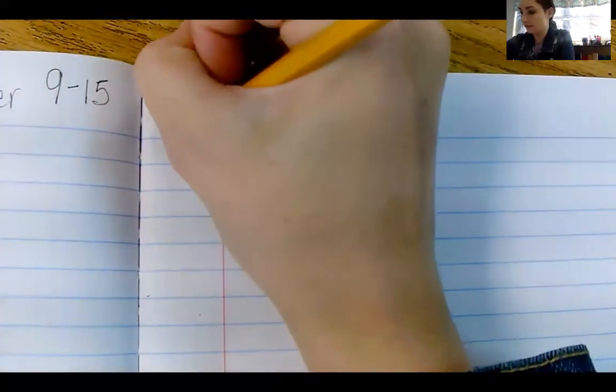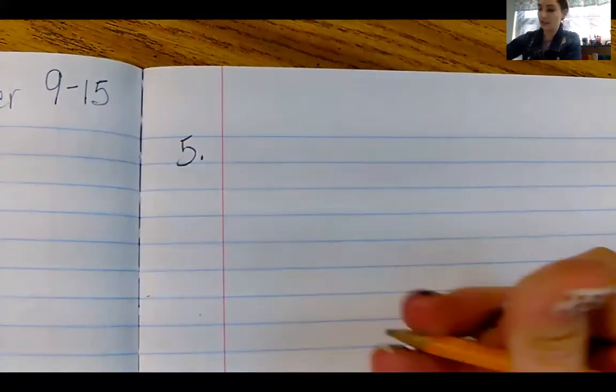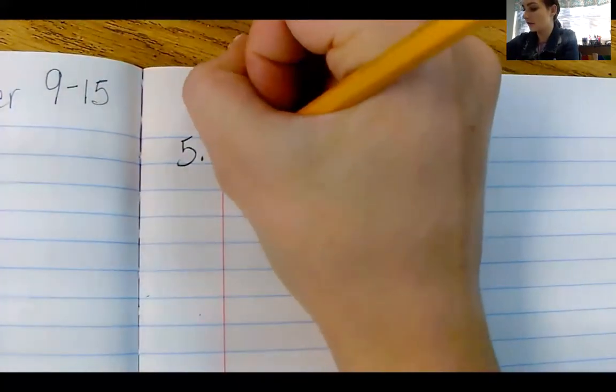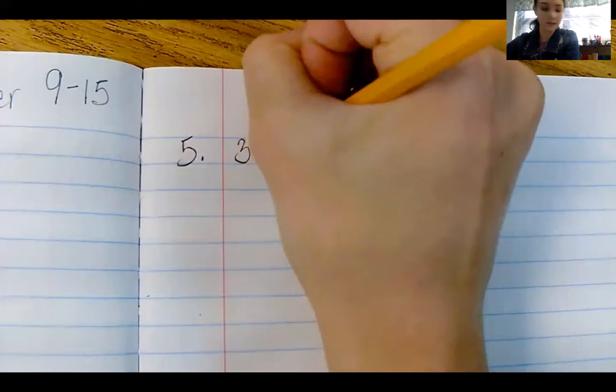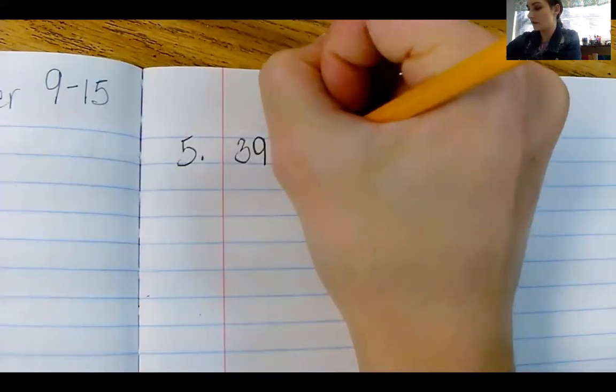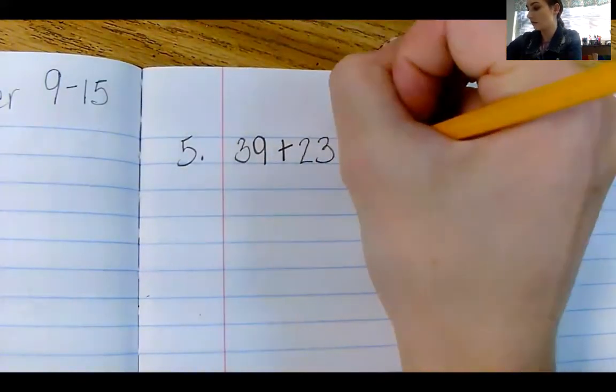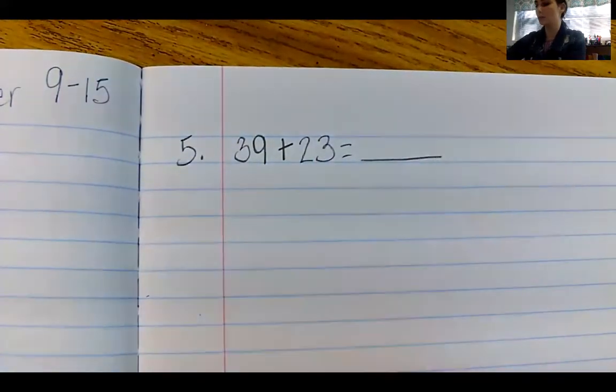Number 5. Okay, number 5 is a little bit harder, 39 plus 23. Okay, so again, I'm doing my number line.